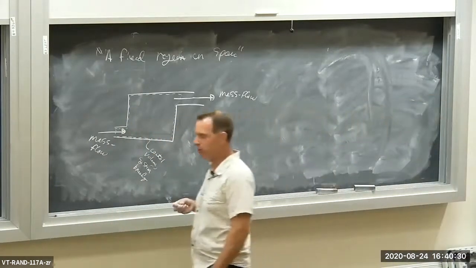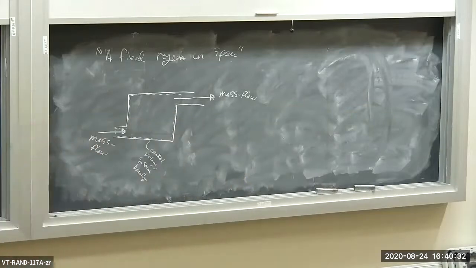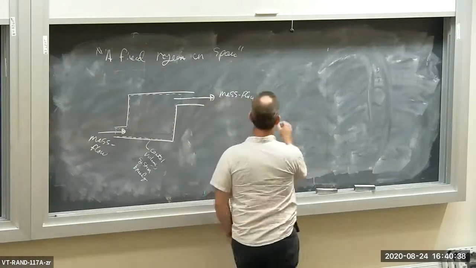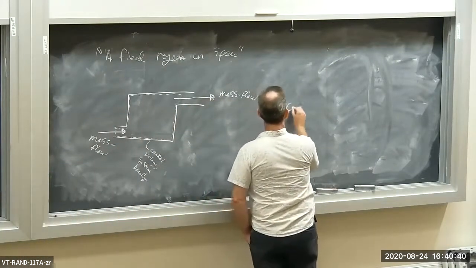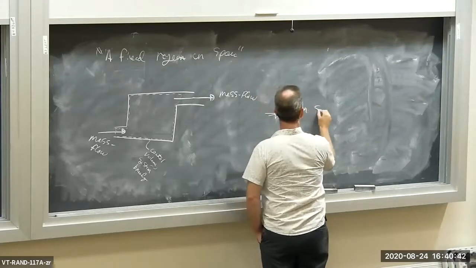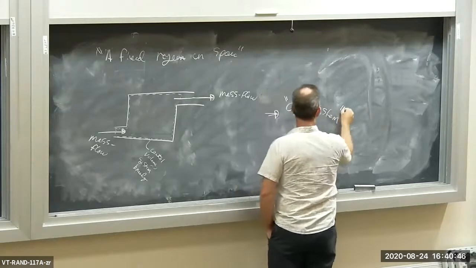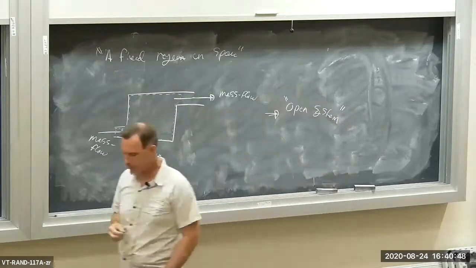This kind of a system where mass crosses the system boundary is referred to as an open system.